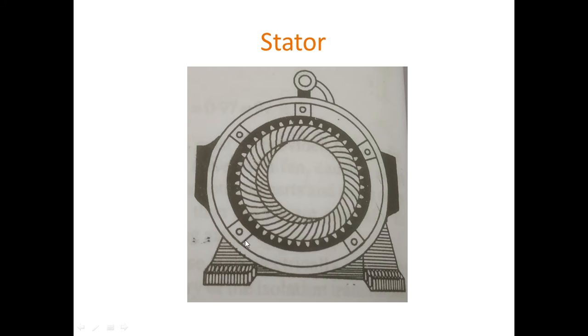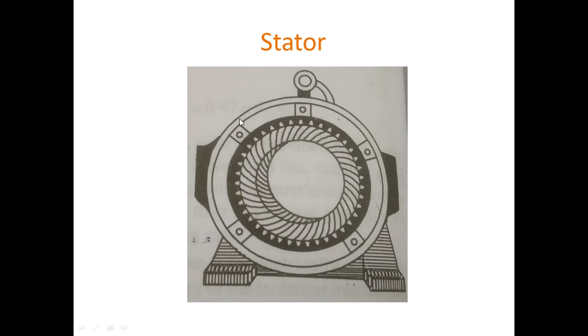The reason we use silicon steel is that it reduces hysteresis and eddy current losses. The inner periphery of the stator is provided with a number of evenly spaced slots.